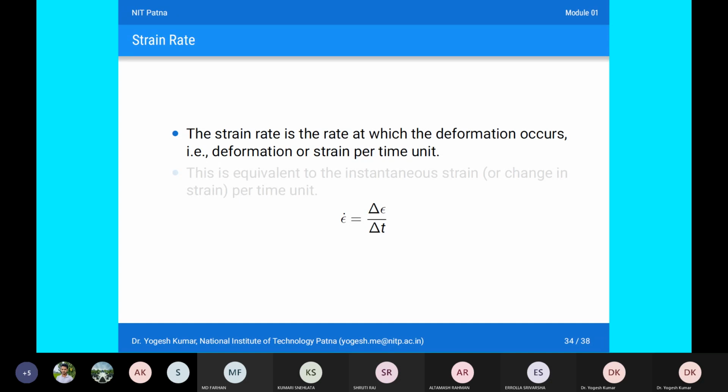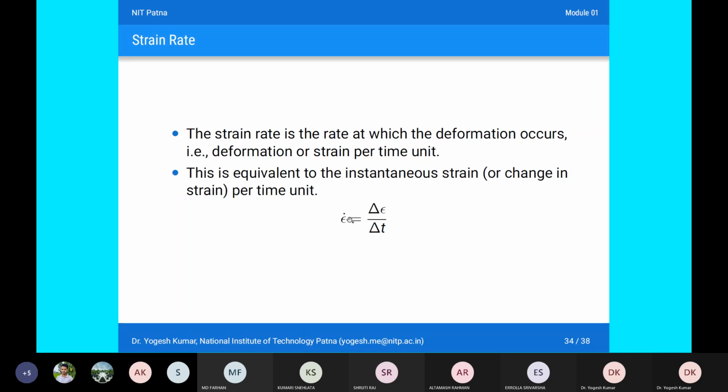So when we want to measure the rate of deformation, or rate of strain, it is per unit time. How to observe strain rate during the metal forming deformation? It is normally given as equivalent to instantaneous strain or change in strain per unit time.